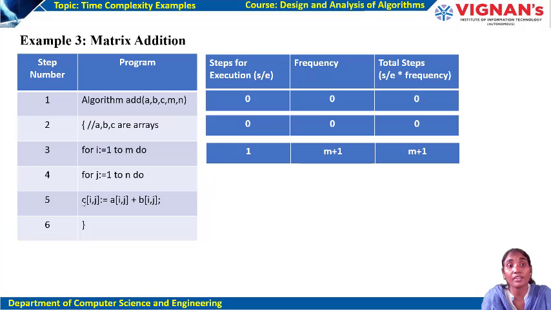Now, next one is j is equal to 1 to n. This will be executed for how many times? Once the I less than or equal to m condition is satisfied, then it is being entered into the for loop, right? That is the inner for loop, which is j is equal to 1 to n. So the j for loop will also be executed for n plus 1 times.